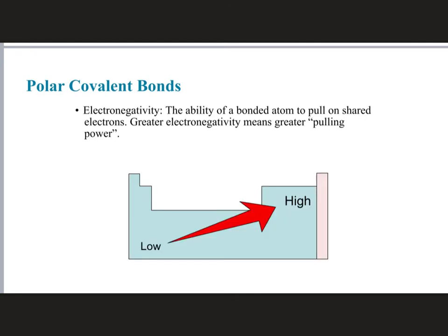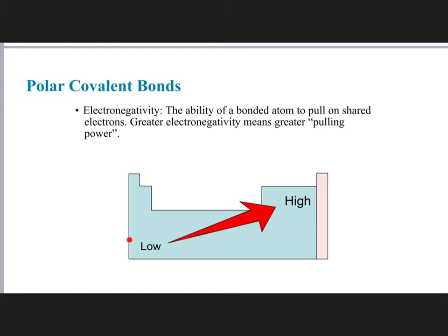And by the way, this is another pattern that shows up in the periodic table. Isn't it amazing how many different things a periodic table can tell you about the different elements? One of the things that it can tell you is the electronegativity of a particular atom. You can actually look up the value for the electronegativity for a particular atom, but as a good rule of thumb, the electronegativity increases as you go along the periodic table in an upward diagonal fashion.